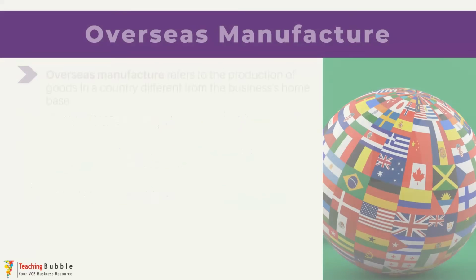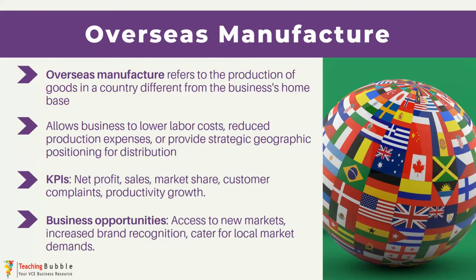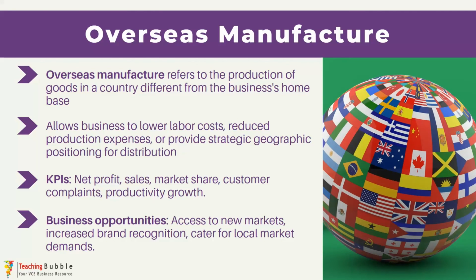Then there's overseas manufacturing, and this is where the business produces its products in another country. And possible reasons for doing that could be that they're able to access cheaper labor, which reduces their expenses, or perhaps it places the business closer to a new market that they want to tap into and therefore reduces the distribution costs by actually manufacturing or producing their product in that country that they want to sell their product to.